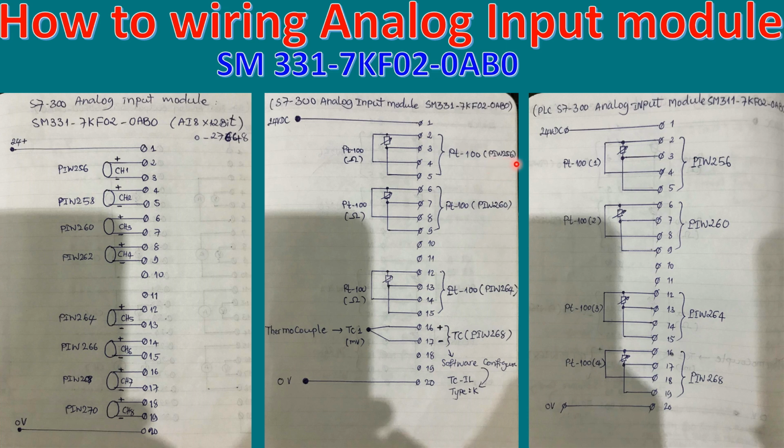Let's see, PIW 256 for channel number 1, PIW 260, right? And it will jump to PIW 264 and jump to PIW 268. Okay, so in total we can use only 4 channels if we select PT100 or TC.